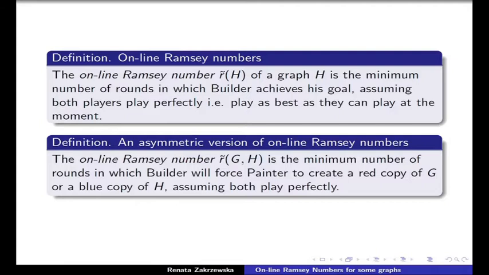And we have an asymmetric version of online Ramsey numbers. The online Ramsey number of G, H is the minimum number of rounds in which builder will force painter to create a red copy of G or a blue copy of H, assuming both play perfectly.